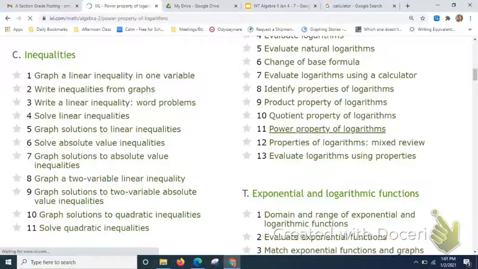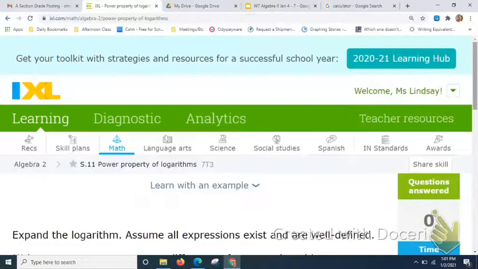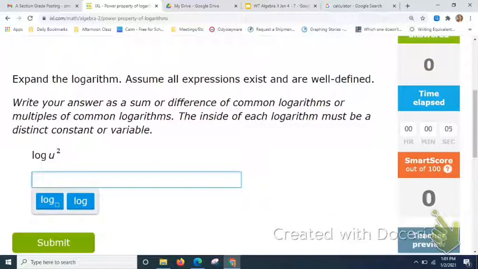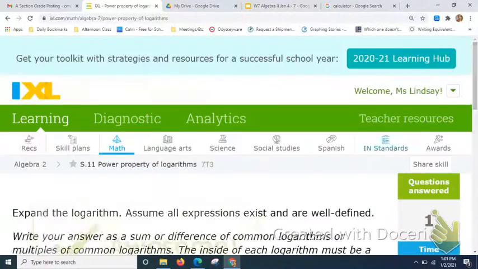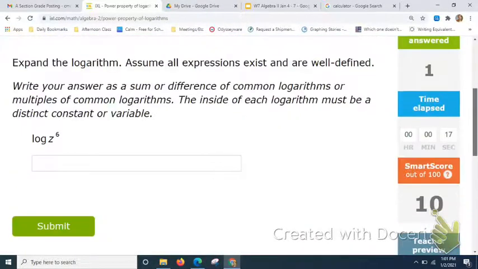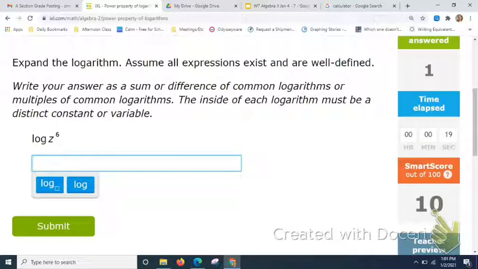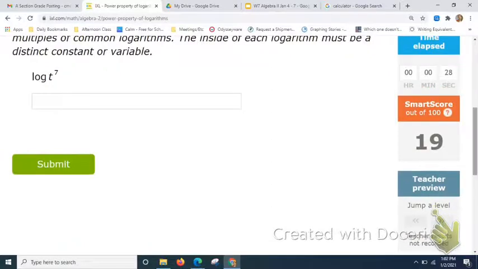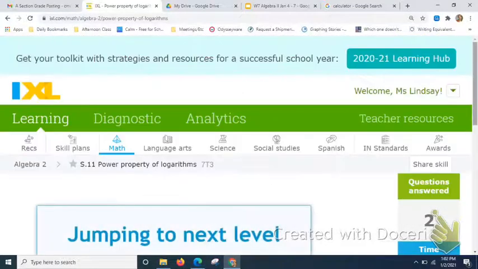Next one is power property. Remember that has to do with our exponents. So that exponent is going to come to the front. So 2, and then log. I don't need the one with the base because there's no base here. It's just common log, and then the u. So 6, my exponent comes out front, log, and then the z. So hopefully, again, those are going to come out pretty easily. Let's see what happens when we jump a level.